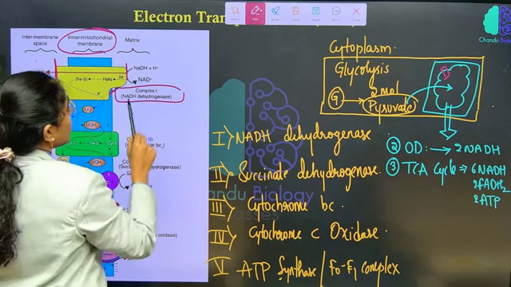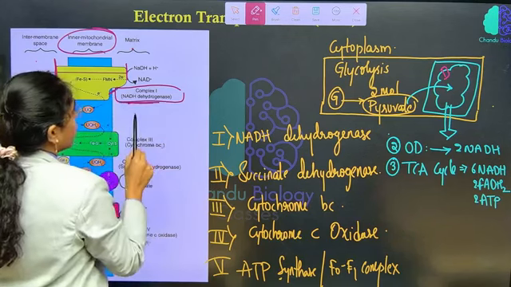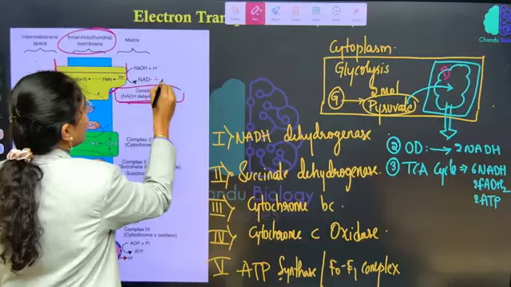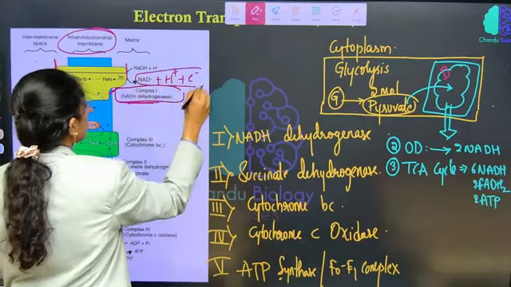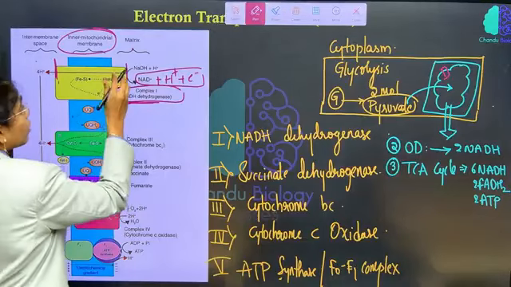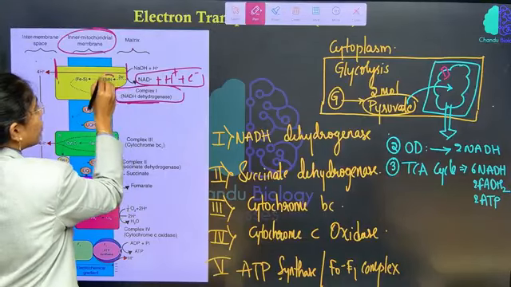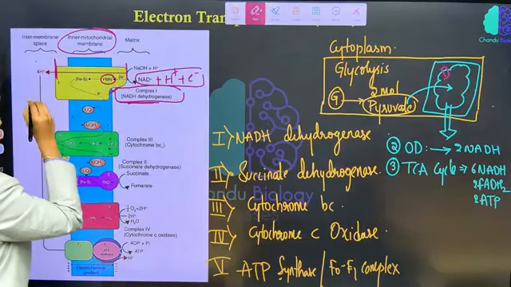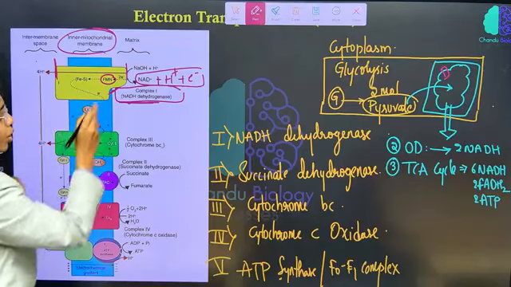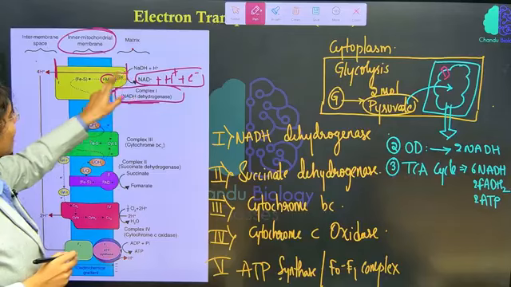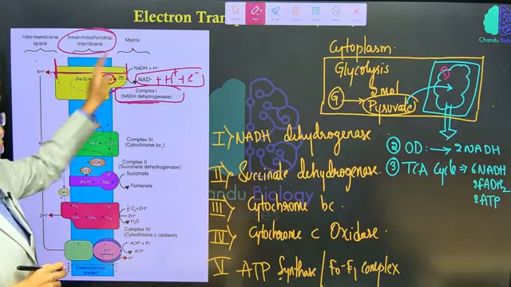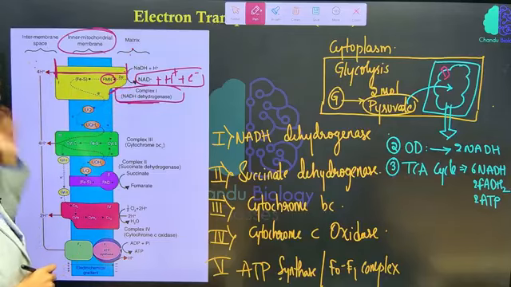Remember students, electrons are accepted by the first electron acceptor, flavin mononucleotide of complex 1, whereas protons are directly pumped from the mitochondrial matrix to the intermembrane space.